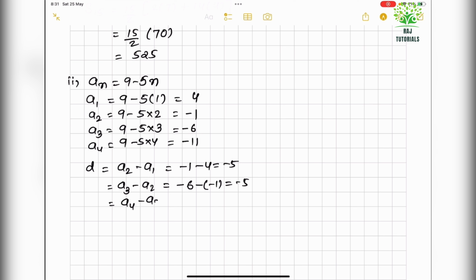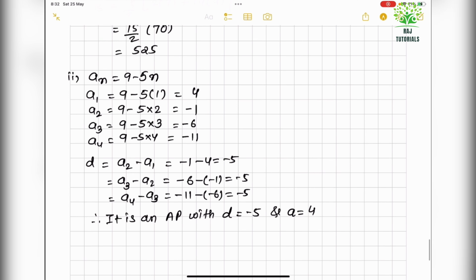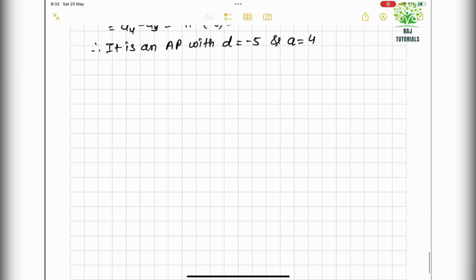A4 minus a3, that will be minus 11 minus of minus 6, so minus 5. Therefore it is an AP with d equal to minus 5 and a equal to 4. So now it is an AP, we got that.